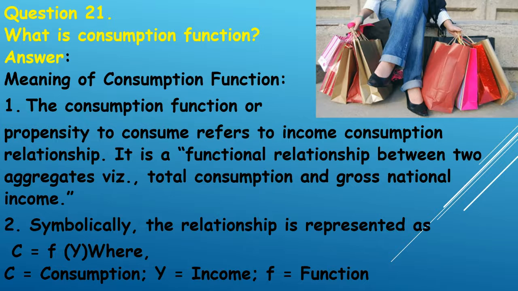So it is symbolically referred to as C is equal to f of Y. That is, consumption is a function of income. Now, I'll tell you with an example. Consumption function in economics means the relationship between consumer spending and the various factors determining it.